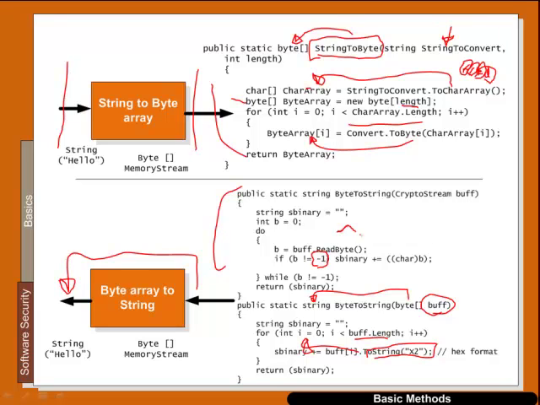We just keep reading from the buffer, the crypto buffer, until we get to the end of the file, or the end of the data inside the buffer, and then we convert the character that we get from a byte to a character, and that fills up a string. Okay, so those are the two core methods that we'll use to be able to display and convert our strings.